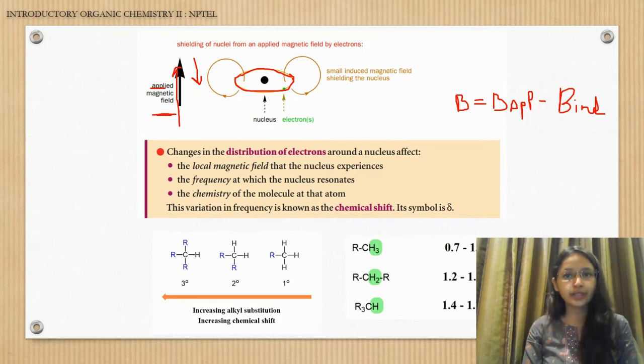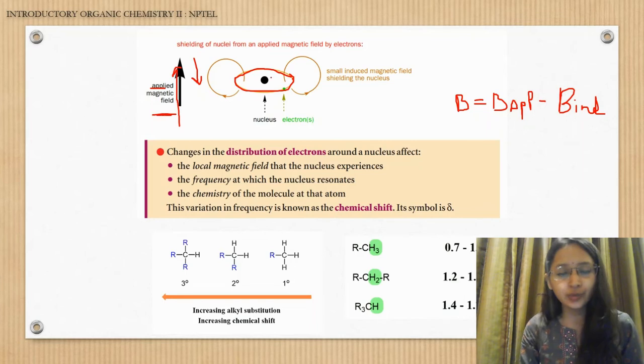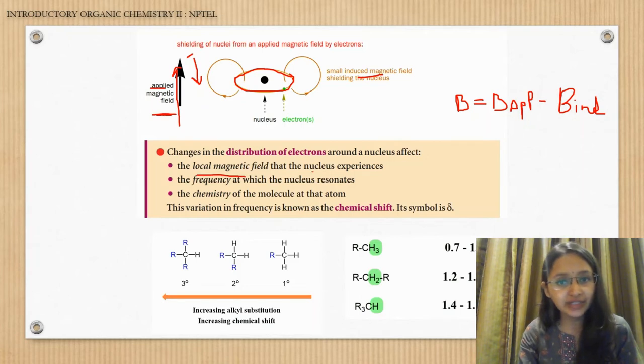So if we have a greater electron density around the nucleus, the value of this induced shielding magnetic field will increase. Now the nucleus does not experience the applied magnetic field which we have applied; it is reduced by the induced magnetic field generated by the electron density around the nucleus, which affects the local magnetic field the nucleus experiences.